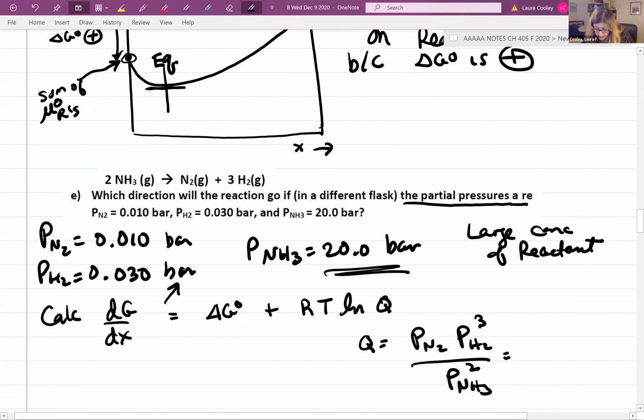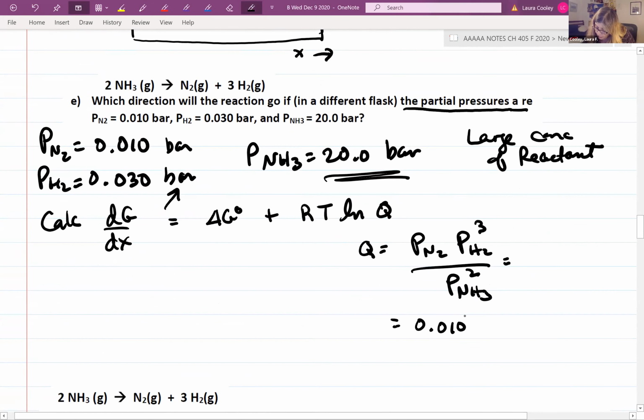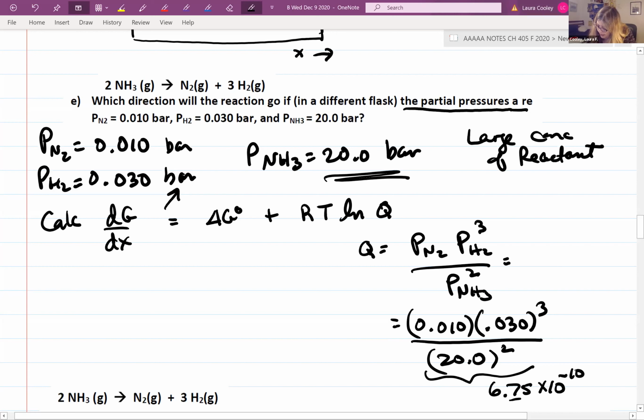So N2 is 0.010 times 0.030 cubed over 20 squared. I calculated that, and it's 6.8 times 10 to the negative 10th. So it's a pretty small number.